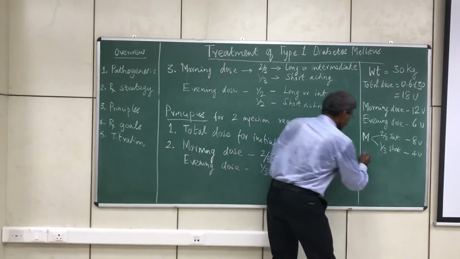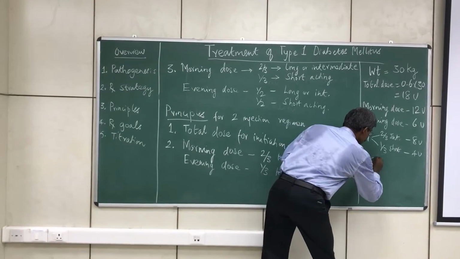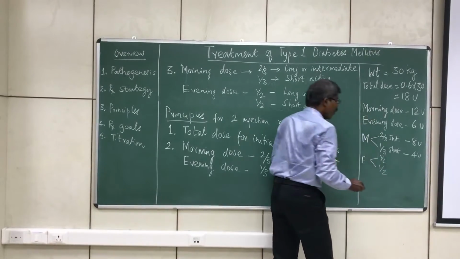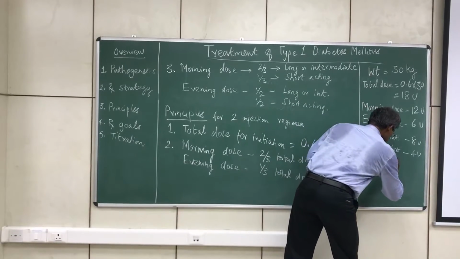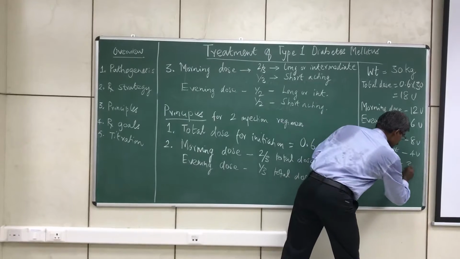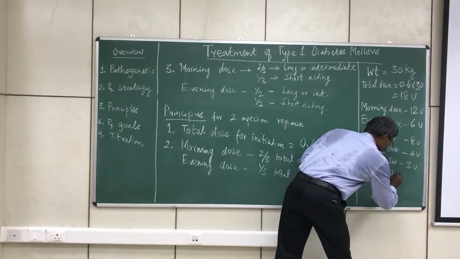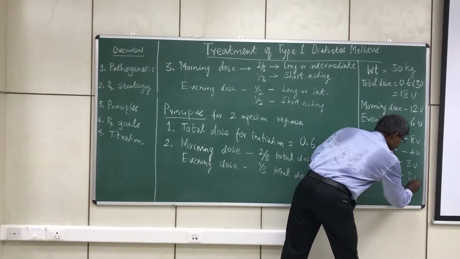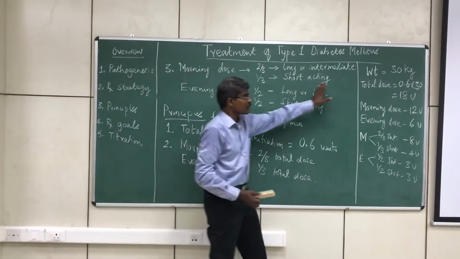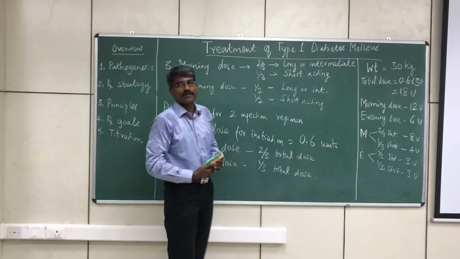Right. Now the evening dose, again this is half short acting and half intermediate or long acting, isn't it? So this becomes 3 units, and the short acting becomes again 3 units. So are we clear? So these are the principles and how this principle is applied in a real life situation.